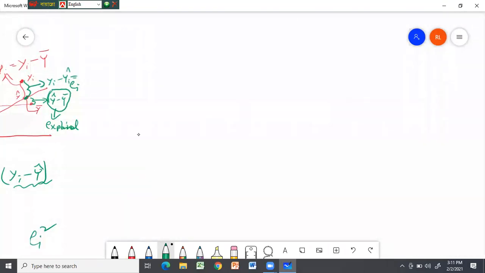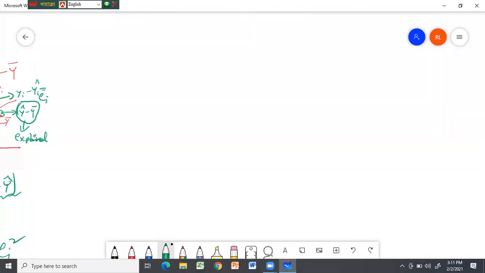We also tested their statistical significance, that means whether they are statistically different from zero, using the test of hypothesis approach. The test of hypothesis was done using either the interval approach or the level of significance approach. So today we are going to do the same thing.